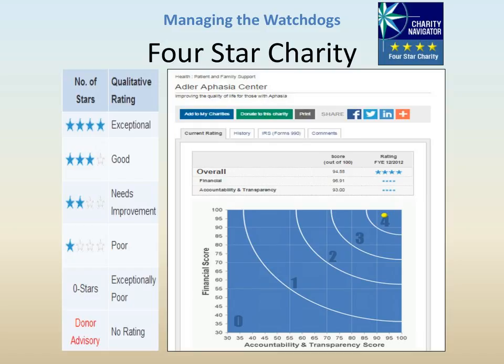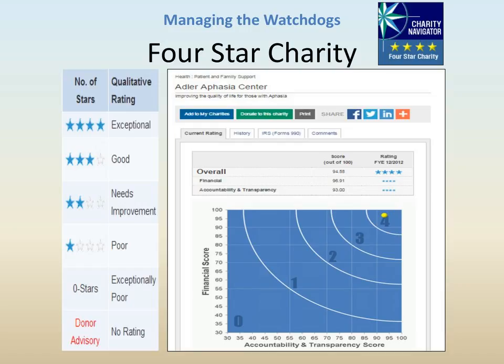And you can see along the left side of the slide there, the Charity Navigator's highest rating is 4 stars. They go all the way down to 0. Even below that, there are some organizations that have what's called a donor advisory, which you definitely don't want, because that means that the organization is under some type of scrutiny or some type of a cloud.